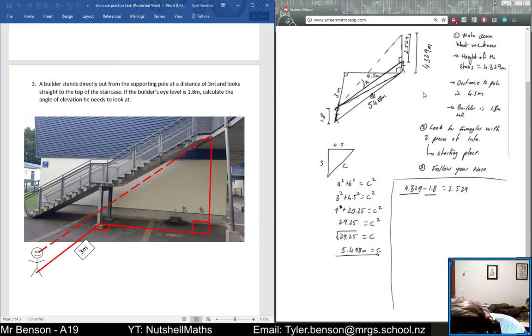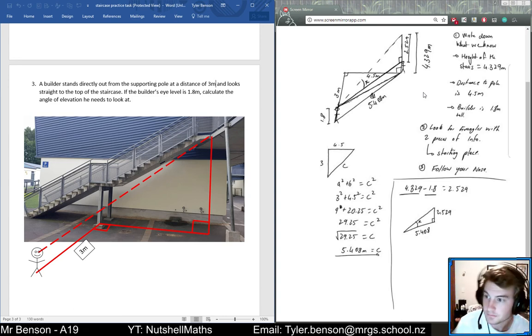Let's call it X. I'm going to redraw this triangle down here. Sort of like this, and like this, and like this. This is X, this is 5.408, and this is 2.529. Okay, so far so good.